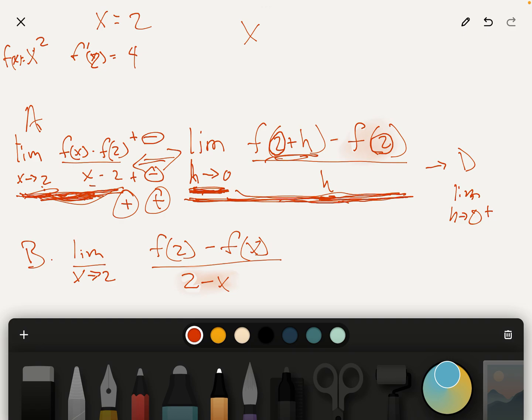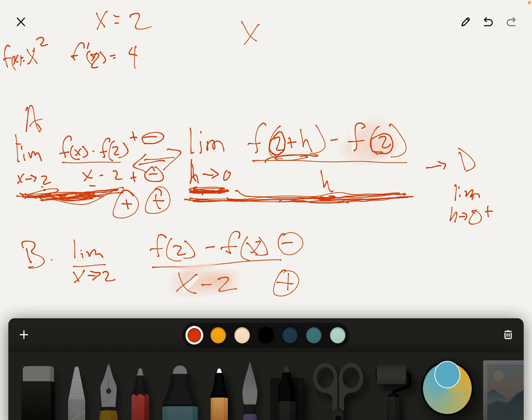So it's an equivalent statement to A. If you want to check that, just imagine that they had only reversed the sign in the numerator, and the denominator was still x minus 2. Then what would this be as x approaches 2 from the positive side? The numerator would be negative, but the denominator would be positive. And so now you get the wrong sign for the slope. So that's all they've done in B.